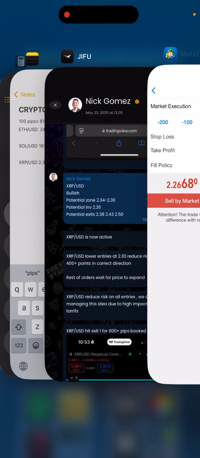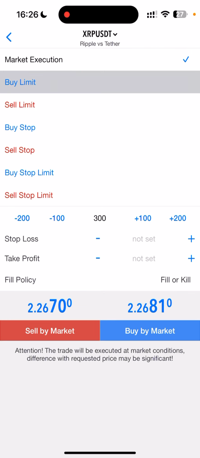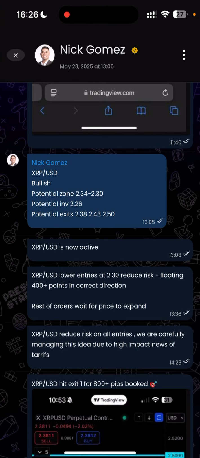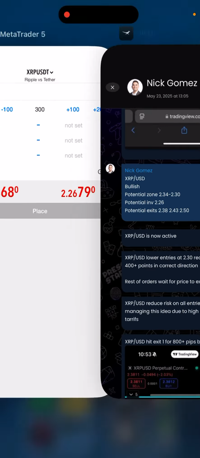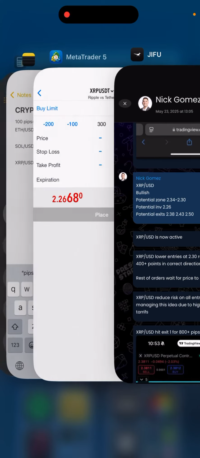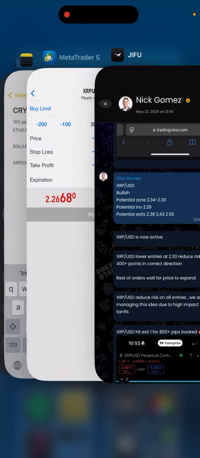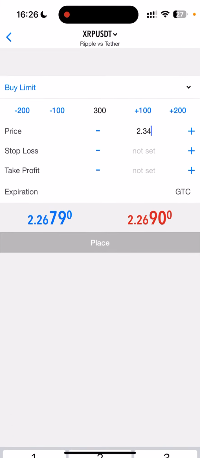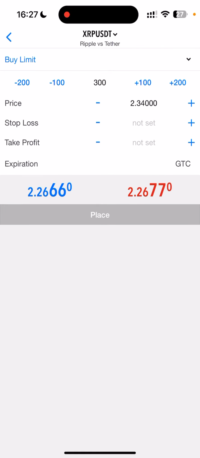So they said bullish, so we're going to set the buy limit at the price 2.34. That's the most important zone, so we don't need to put any other numbers after 2.34.